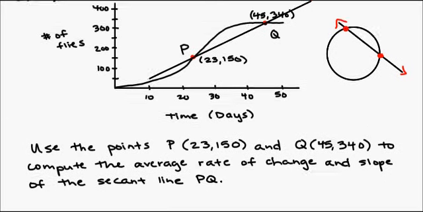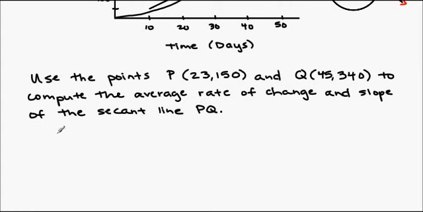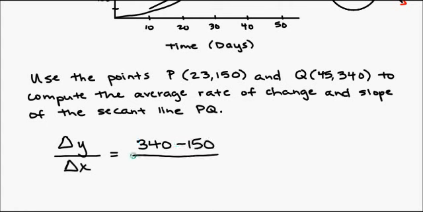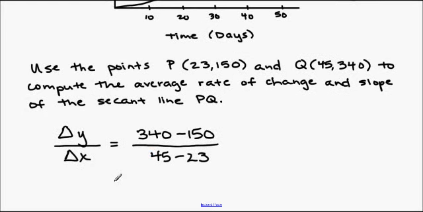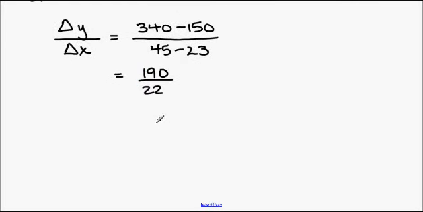But we want to compute our average rate of change. So again, we have delta y over delta x. So 340 minus 150 divided by 45 minus 23. This simplifies to 190 over 22, which is approximately equal to 8.6.